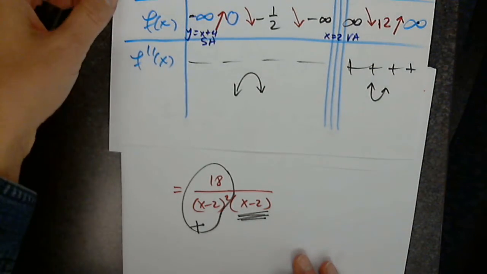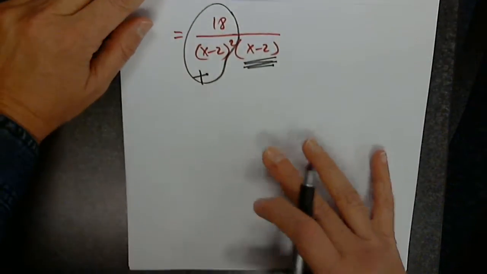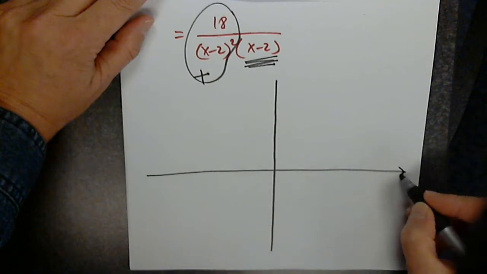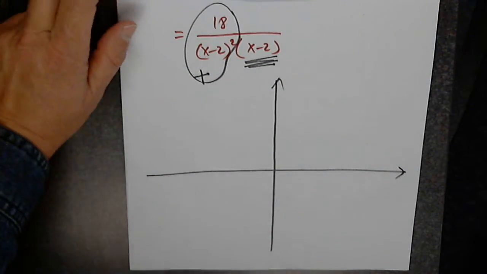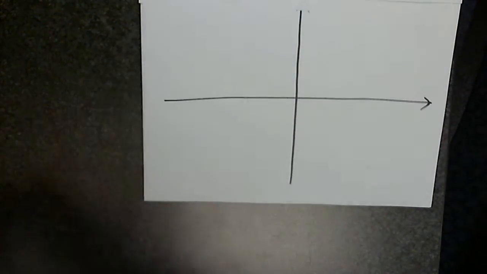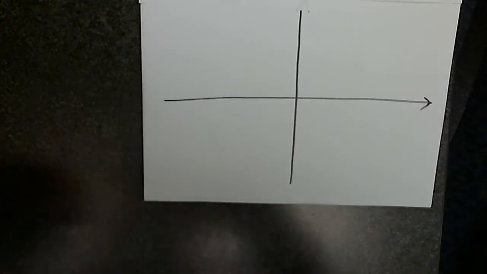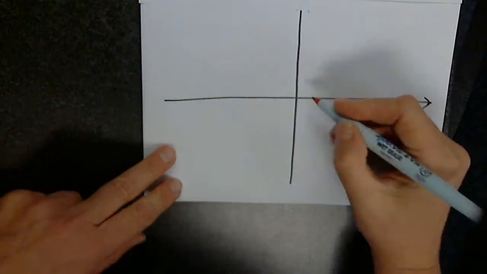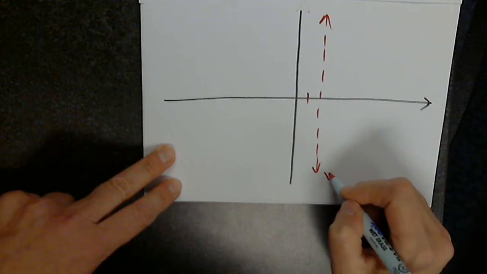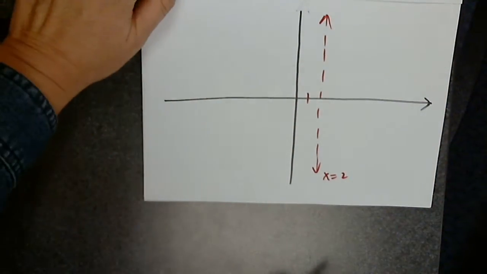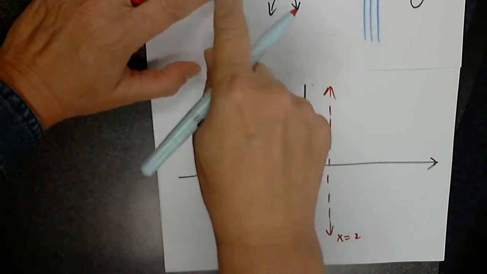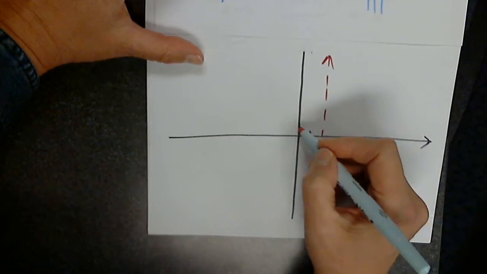Ready? So when we graph a function with asymptotes, we have to graph the asymptotes first. This function has a vertical asymptote at 2, and it has a slant asymptote y equals x plus 4. When x is 0, y is 4.